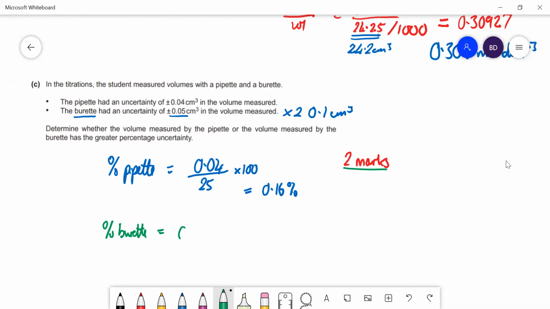So that's 2 times 0.05, 0.1 over 24.2, multiplied by 100, which gives us 4.41%. So it's quite a lot more. The burette error is about 3 times bigger than the error for the pipette.